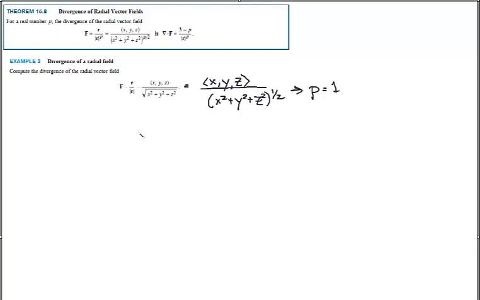So I will say that the divergence of this vector field can be simplified to 3 minus 1 over the absolute value of r to the first power. So this is just going to be 2 over the magnitude of r.